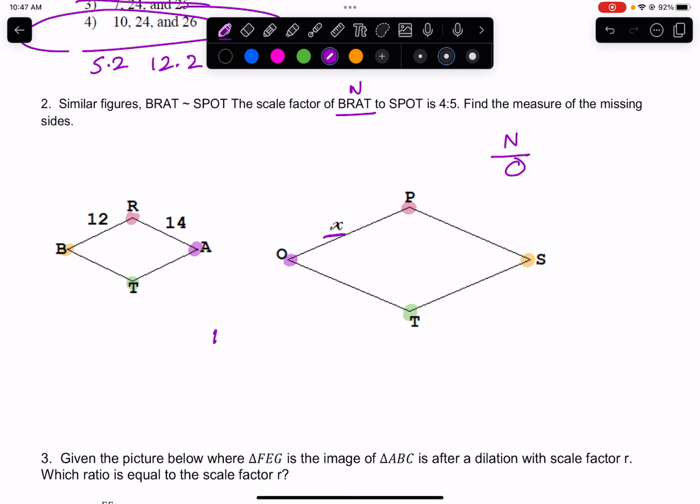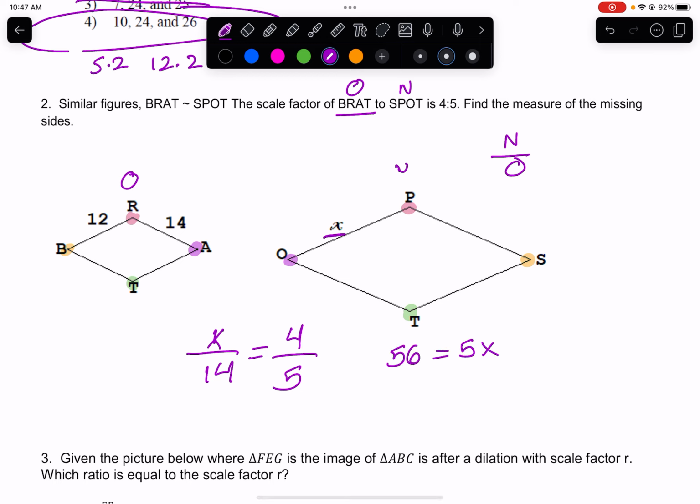No, sorry, we're starting from original to new. So new over original, so x over 14 has to be the same as 4 over 5. So 14 times 4 is 56, which is equal to 5x. Divided by 5 to get x is equal to 11.2.